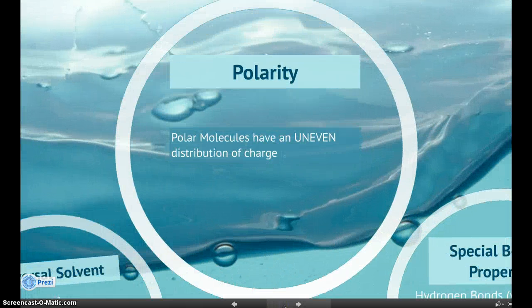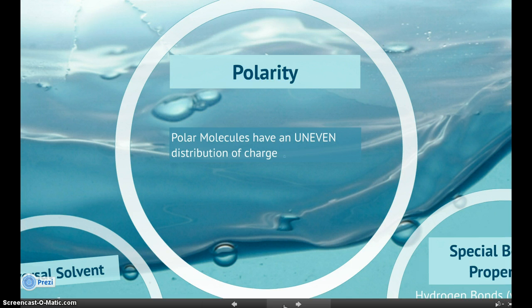So first we're going to look at one of the properties of water, which is polarity. And this deals with that uneven distribution of charge, or the uneven distribution of hydrogens to oxygens. So water is H2O. We have two hydrogens to every one oxygen. And the hydrogens attach closer together on one end of the oxygen.